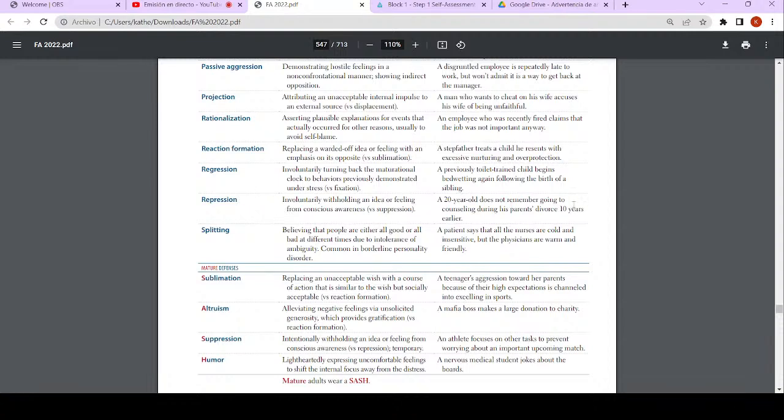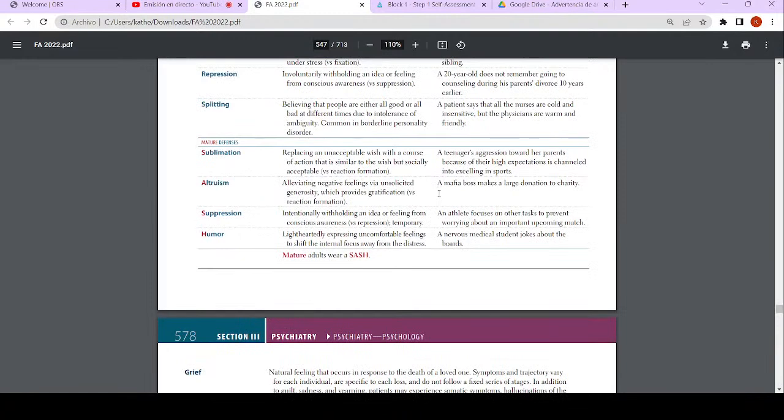Repression: a 20-year-old doesn't remember going to counseling during his father's divorce 10 years earlier. So you could have an idea, but it's probably not the real thing. And regression: a previously toilet-trained child begins bedwetting again following the birth of a sibling.